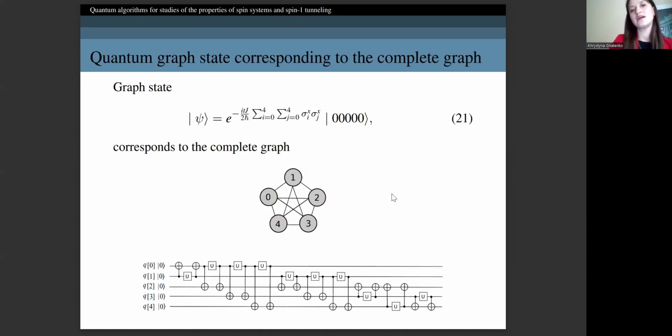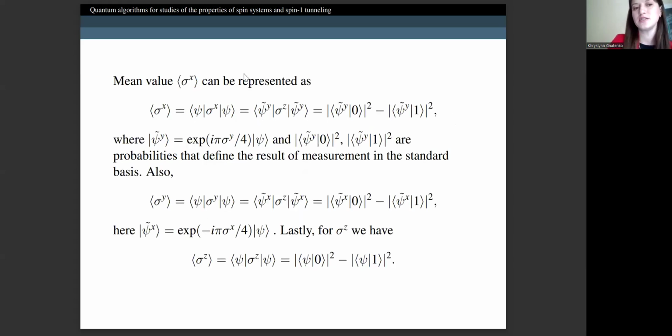Then we studied this relation on quantum computers. So we considered very different quantum graph states, and a very interesting example, of course, is the complete graph. We construct this quantum graph state and measure the entanglement. To do this, we consider the mean values of sigma x, sigma y, sigma z operators, and we can calculate all these values because of this identity.